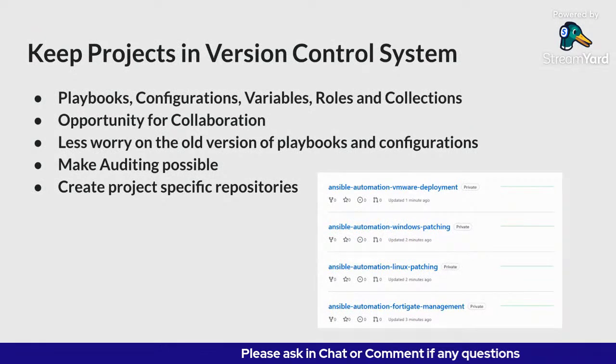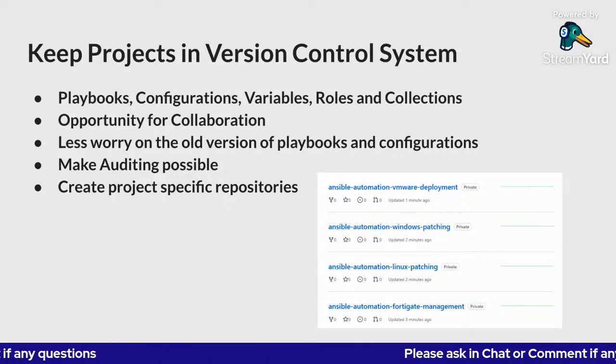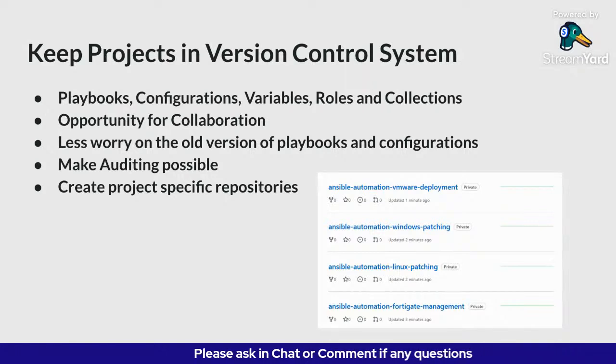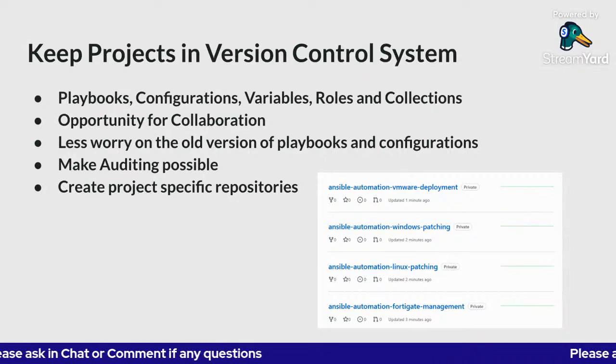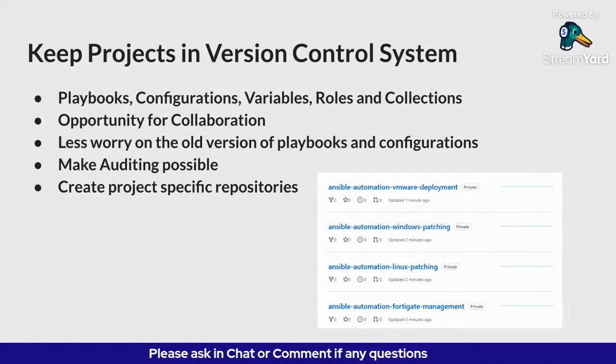The first thing: I found a lot of people keep their Ansible automation projects, playbooks, and variables in the local file system, or some use them locally in Ansible Tower. All of those are strictly not recommended. Try to use a version control system like Git, GitHub, your local GitLab repository, or Bitbucket, whatever it is.